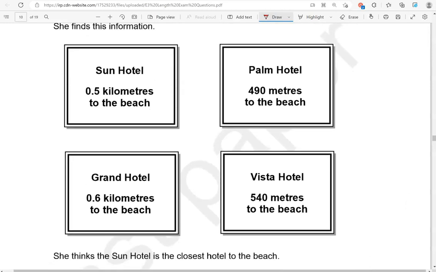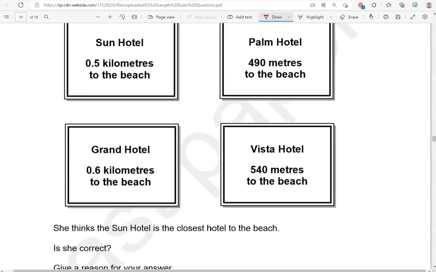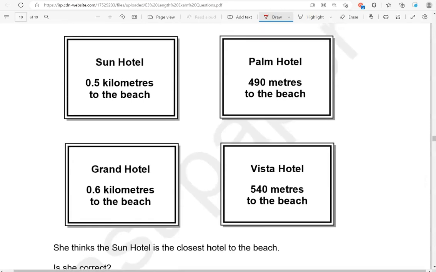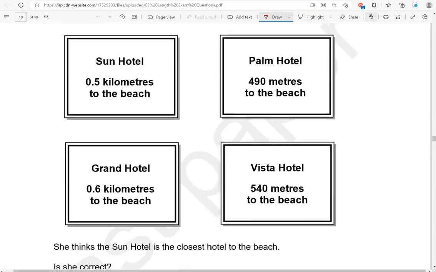So, again, these are given in kilometers and meters. As we've just seen in one of the previous questions, 0.5 kilometers, that is 500 meters. 0.6 kilometers, that is 600 meters. So we're comparing 500, 490, 600, and 540. Which of these is the smallest? That is 490.